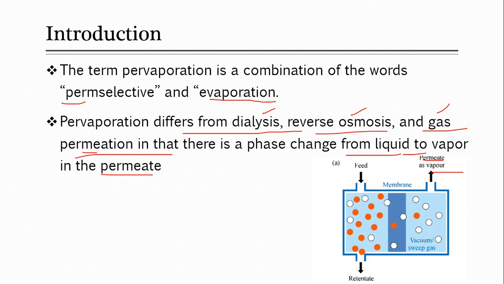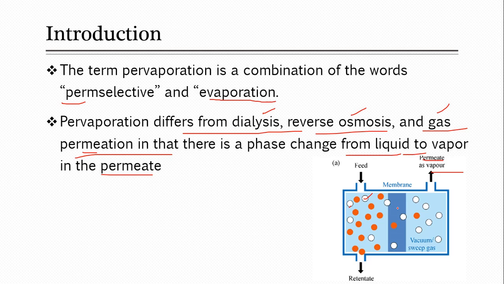Somehow vacuum is applied on this side, and when you apply the vacuum, some components, like these white color dots, can easily pass through the membrane, or they have good permeability, while others have very low permeability compared to this. When they get separated, they reach the other side of the membrane, they are evaporated, and converted to vapors.